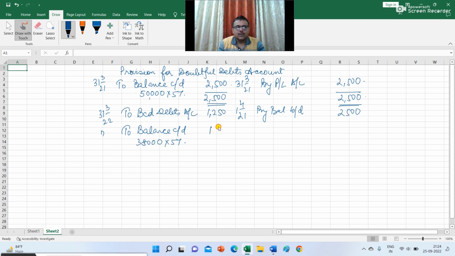So this is 1,900. This is the required amount of provision. And the balancing figure in this ledger will be transferred from PL account. This is 650.